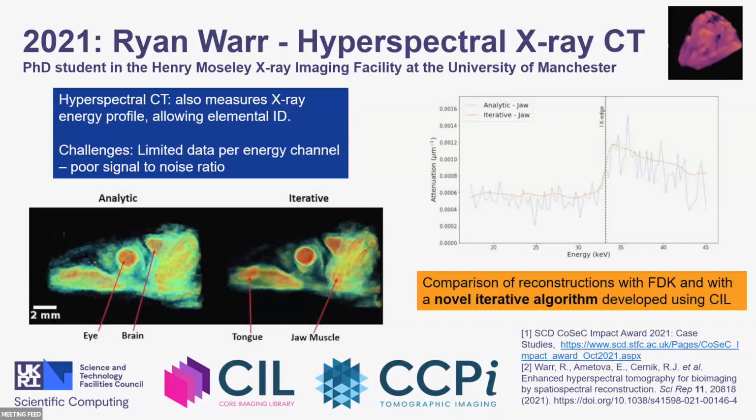The graph is showing the X-ray absorption profile for just one pixel in the region of the lizard's jaw muscle. And what we're seeing here is that we see less noise across the energy domain as well. So I'm not sure how clear it is for you, but the orange line is with our iterative algorithm and the blue is the analytical method. And the iterative algorithm is making use of the fact that we have got structural similarities of our data set across all of the energy channels.